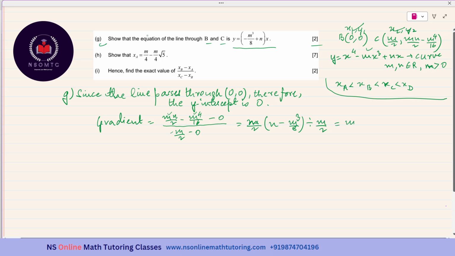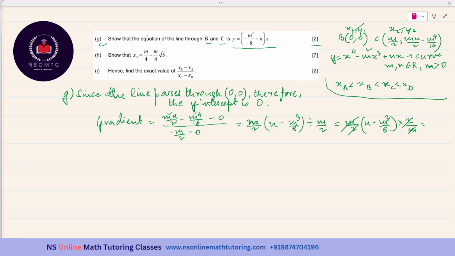So this is equal to m over 2, n minus m cube over 8 times 2 over m. So this is equal to n minus m cube over 8. Okay. So this is the gradient.